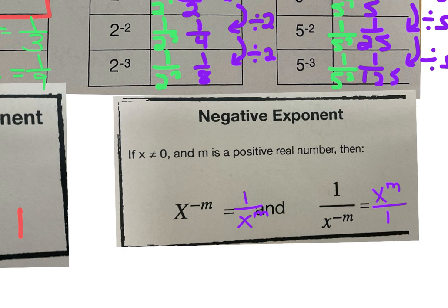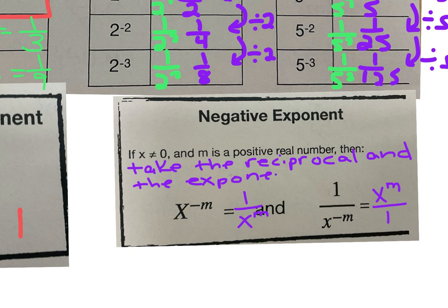So the law of negative exponents is to take the reciprocal and the exponent becomes positive.